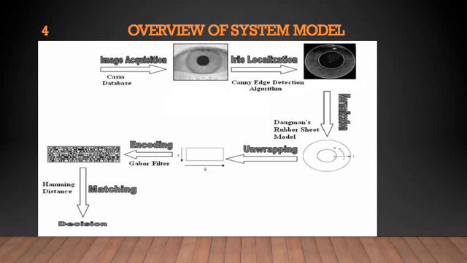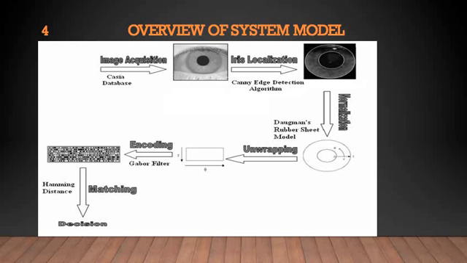Now, before we move on, let's take an overview of the system model. First of all, we take an image. The image in our project is taken from the Chinese Academy of Sciences Institute of Automation, CASIA, and this is the image acquisition stage. After the image is taken of the left or the right eye, iris localization is done.